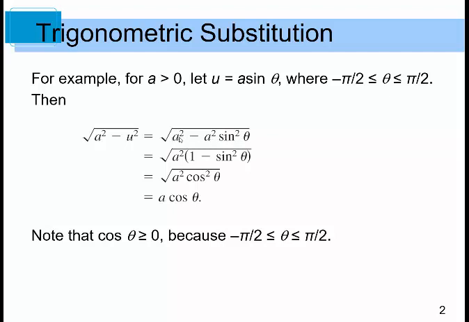They both have an a squared in them now, so factor that out and you get 1 minus sine squared of theta, which is cosine squared of theta. The square root of a squared cosine squared of theta is just a cosine of theta. The reason this matters is that it got rid of the radical, and that's what we want to do.